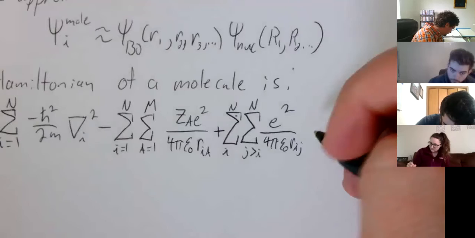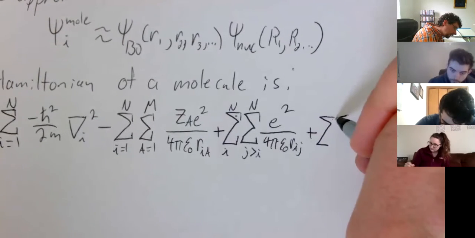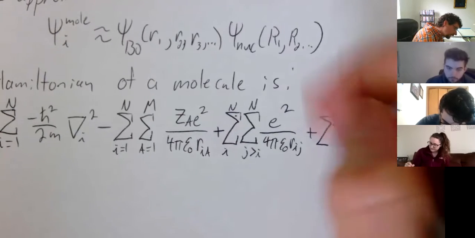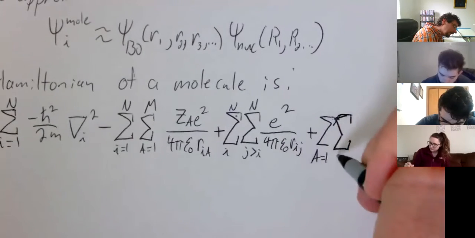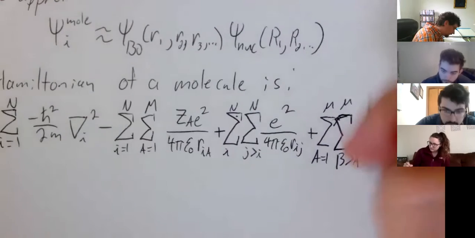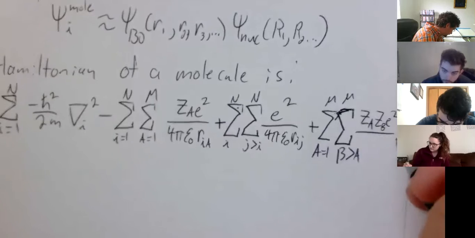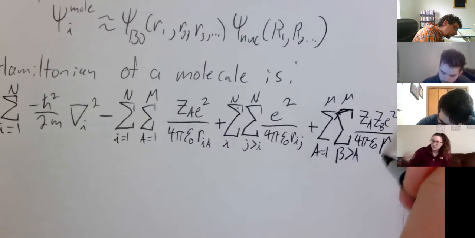And then finally, double summation, A, B greater than A, Z_A, Z_B, E squared over 4 pi epsilon naught R_AB.